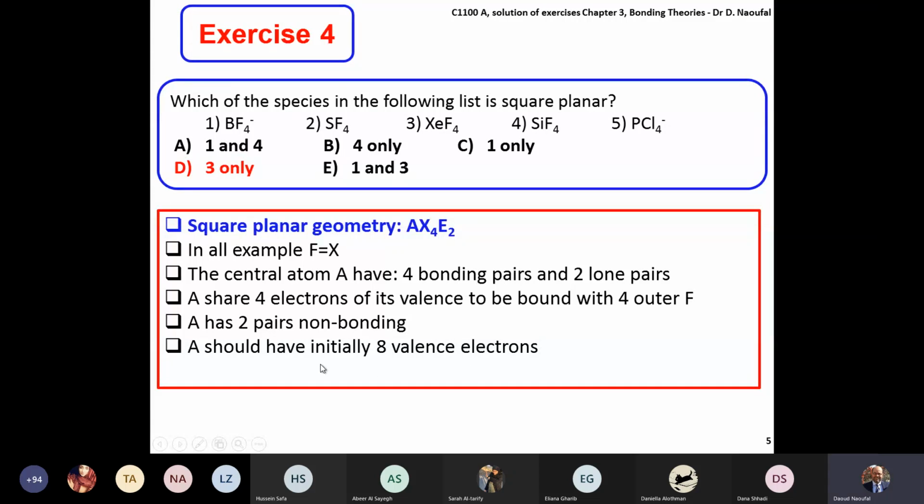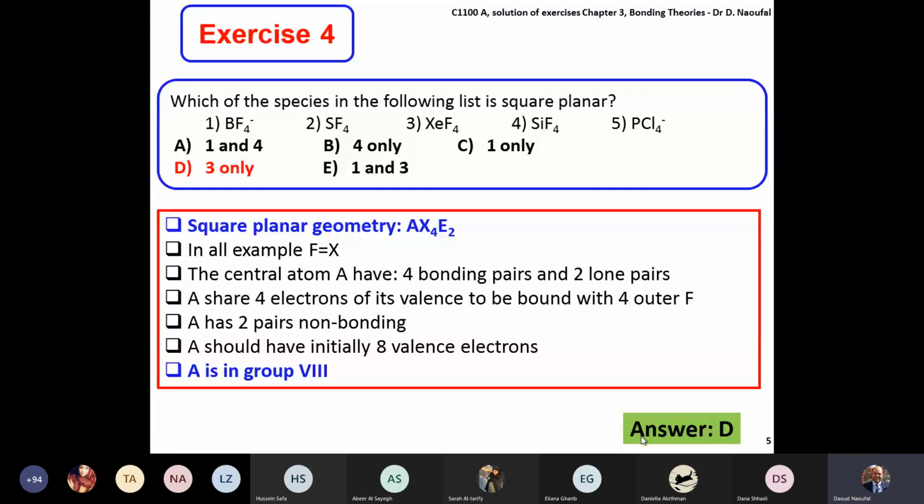That means A is in group 8. In this list, in the structure XeF4, I have xenon, which is a rare gas. So the correct answer is XeF4, answer D.